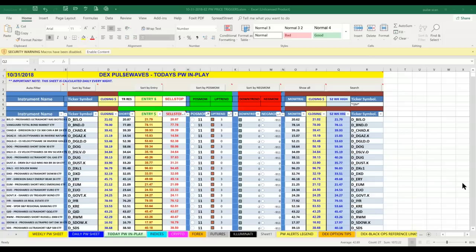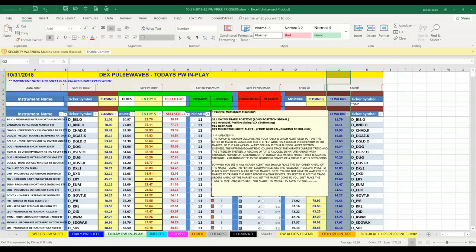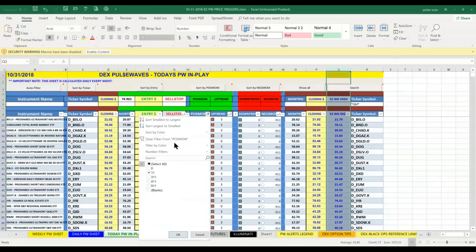First off, I designed this system to be able to absorb gaps. What do I mean by that? The system is designed so that even if there is a gap in the market, the system absorbs it.